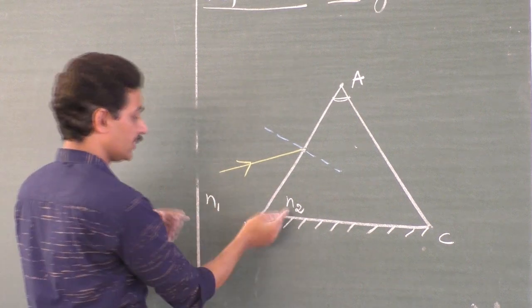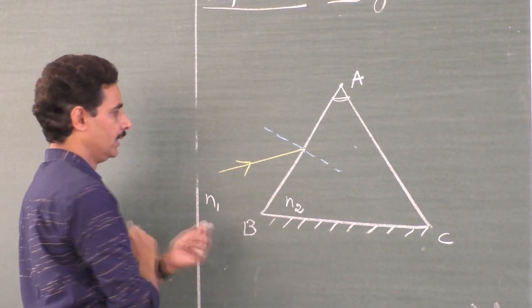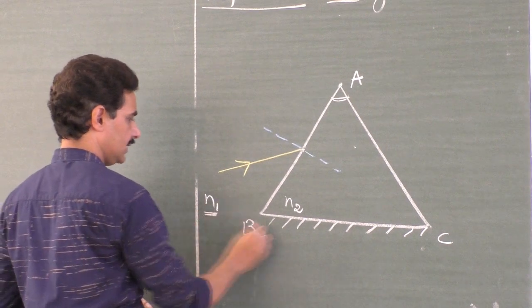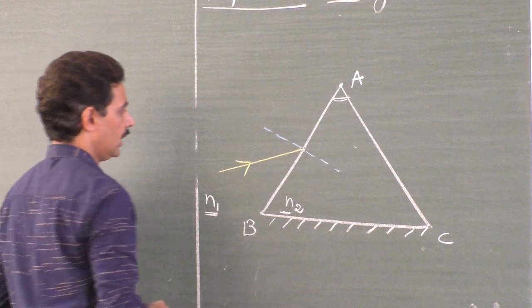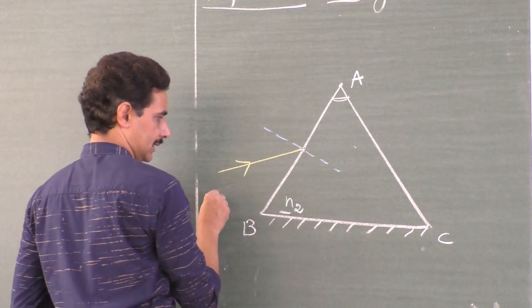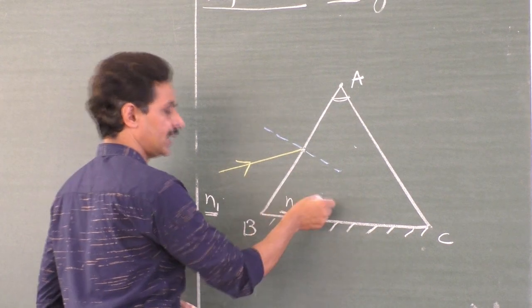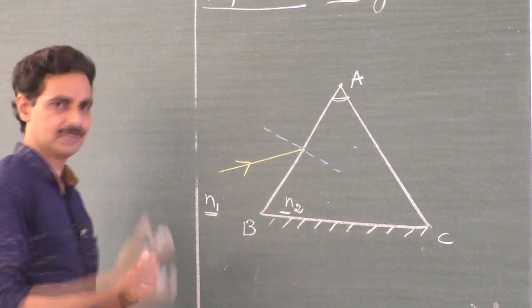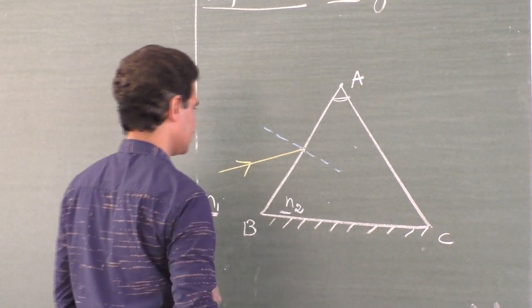What is the refractive index of glass with respect to water? That is N21, that we know. These are the refractive indices of the two media. Say this is rarer, this is denser. When a ray of light travels from rarer to denser medium, its velocity decreases and it bends towards the normal. Sir, how do we treat it as towards the normal?